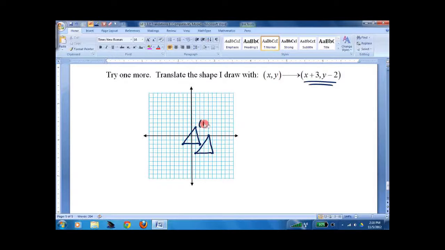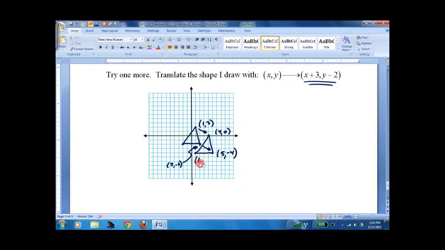This was 1 comma 2. Moved over to become 4 comma 0. This was 2 comma -2. And it went over to become 5 comma -4.